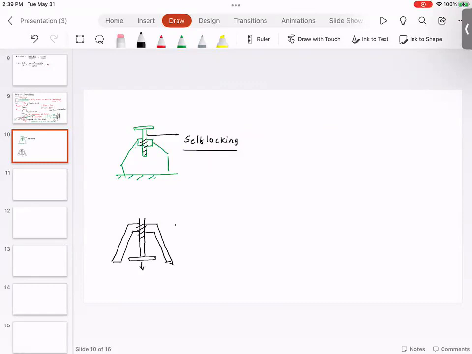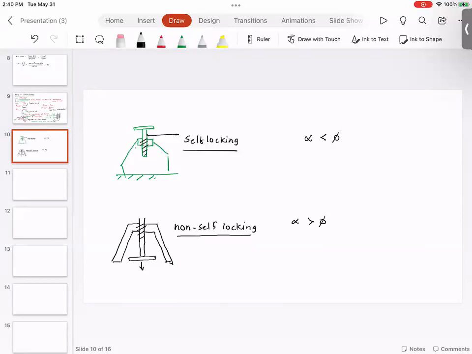So this would be non-self-locking. So for self-locking, the helix angle has to be less than the friction angle, and for non-self-locking, the helix angle has to be greater than the friction angle.